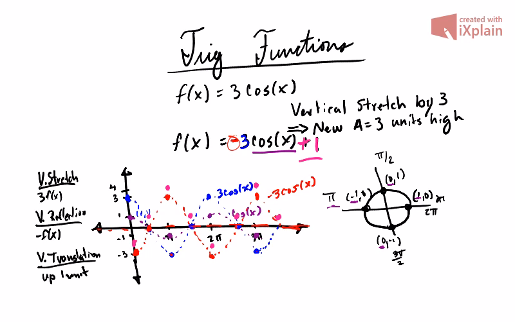So the final function is going to look like this. That full function, the pink version, is equal to negative 3 cosine x plus 1, given that this is your x-axis and this is your output axis.